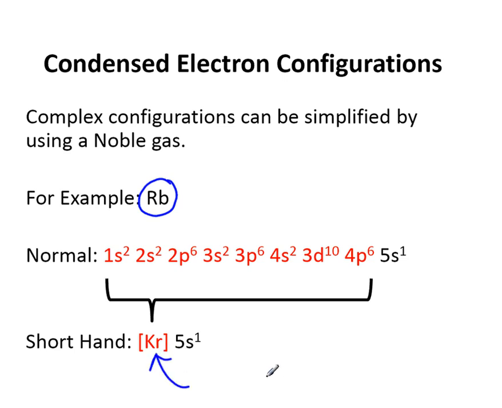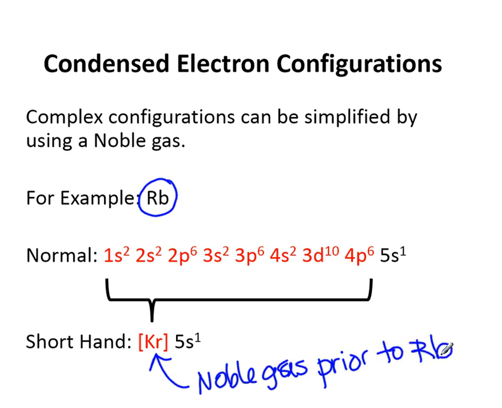You should find that krypton comes before rubidium. Rubidium is number 37. Krypton is number 36. So this is the noble gas prior to your element. So prior to rubidium in this case.